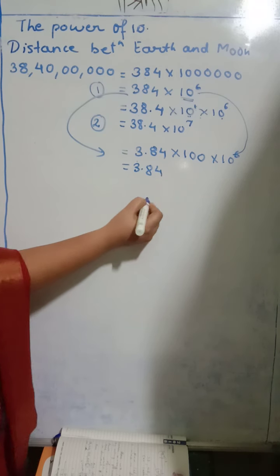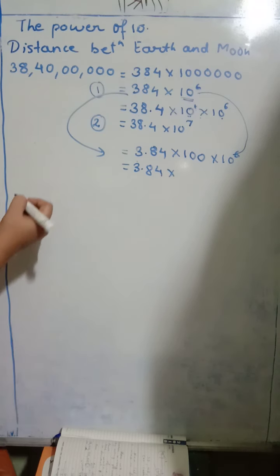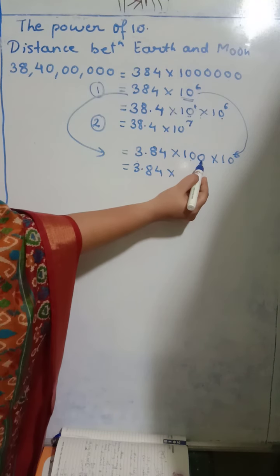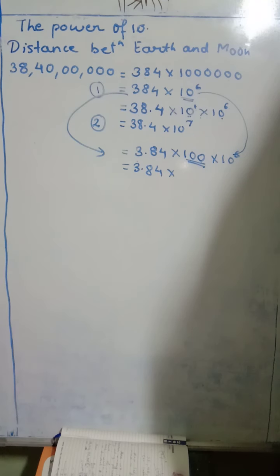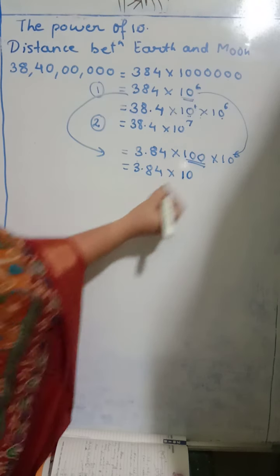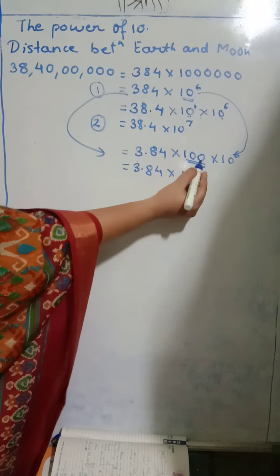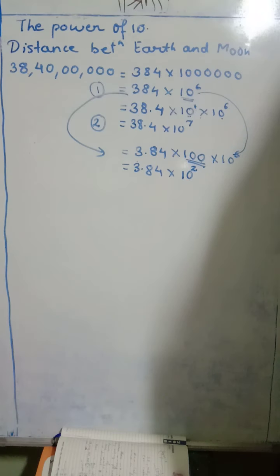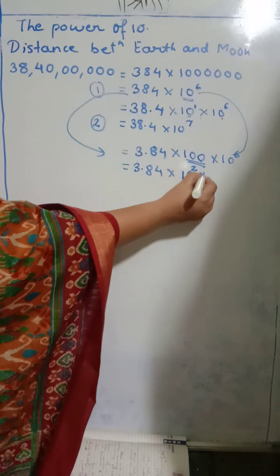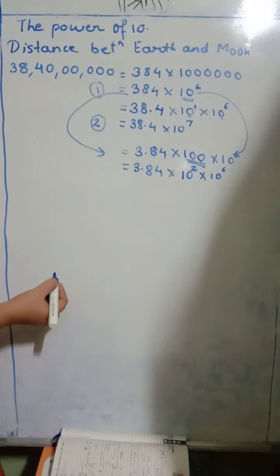3.84 I will keep as it is, into 10 raised to, now how will you write this in power of 10 form? 10 raised to how much is it? Is this 2 zeros? So you will write 10 raised to 2 into 10 raised to 6.